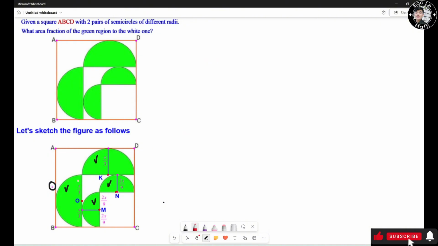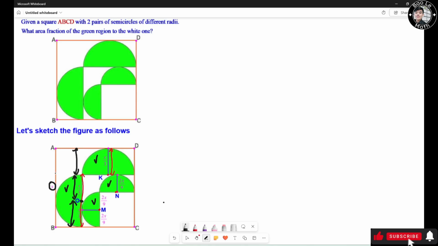Now the distance from here to here is the radius of this semicircle, and the distance from here to here is the diameter. So the distance from here to here equals the distance from here to here, and equals the distance from here to here.